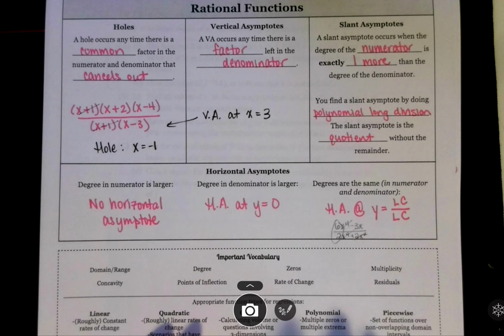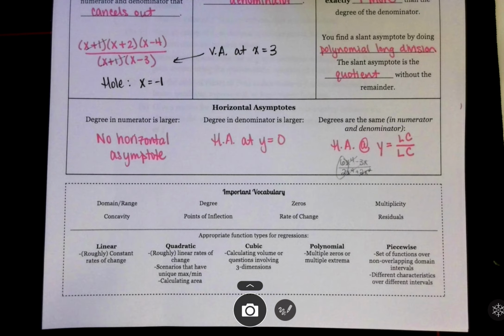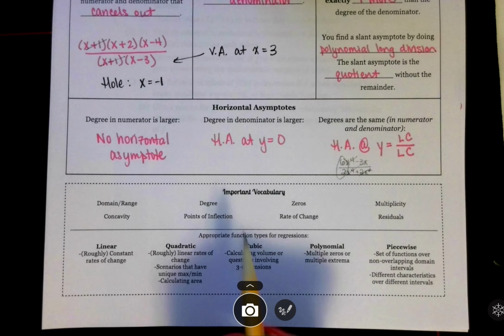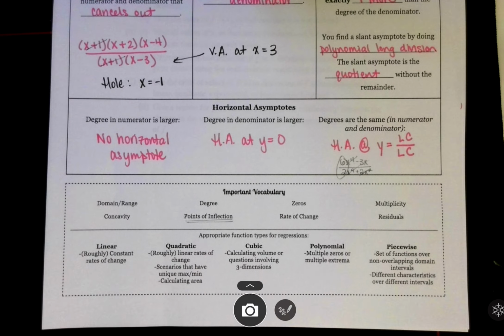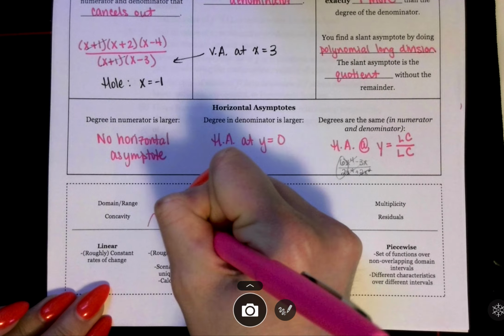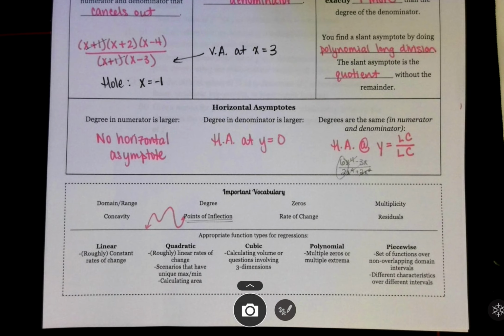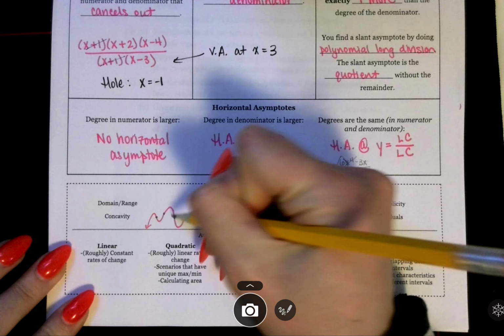And then at the very bottom of this, there's some important vocabulary that you should know. I just put them on there. Some of them are in the packet. One that I realize I didn't talk about is points of inflection. That is where your concavity changes. So if I have a graph like this, I have a point of inflection here, here, and here.